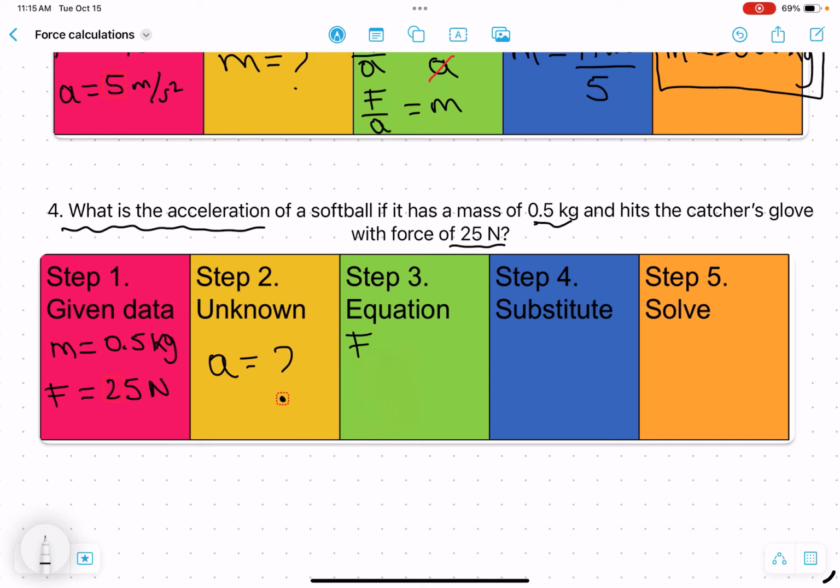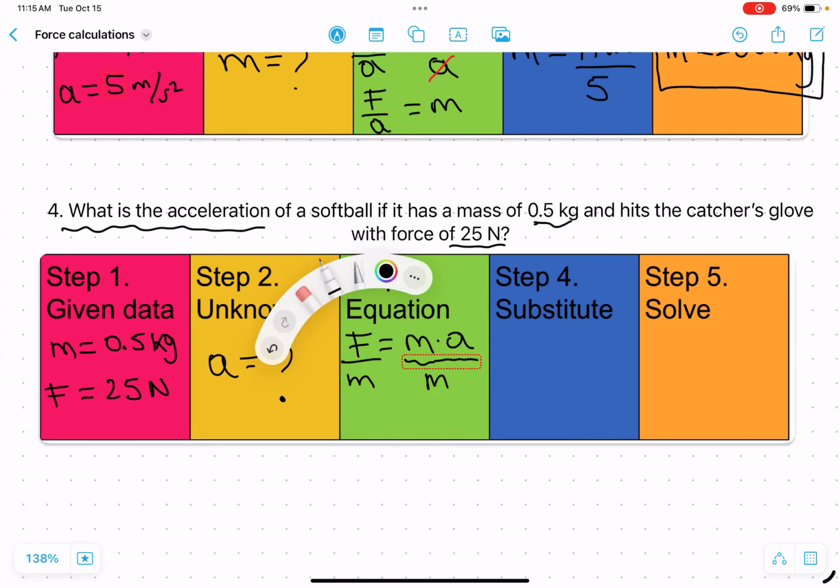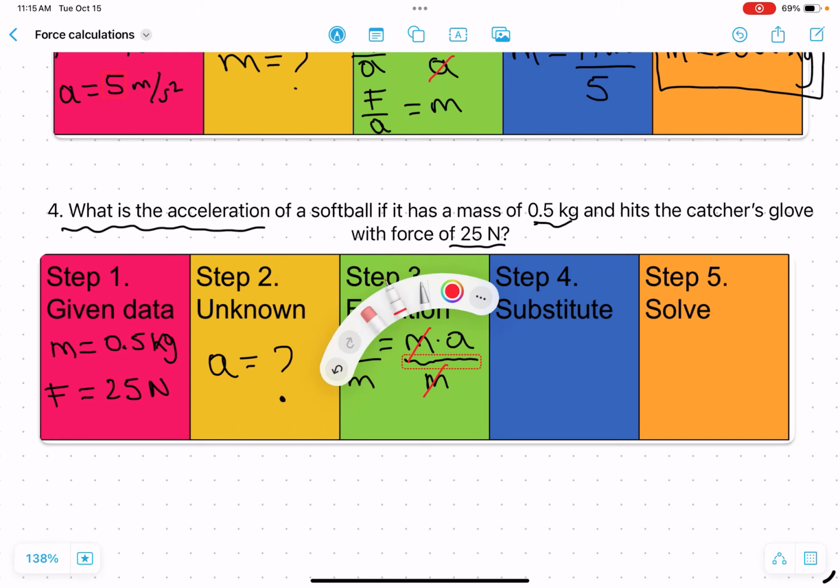The equation is F equals M times A. That is the one that you know. And you know that you need to rearrange this equation because you're looking for A. So what is next to the A that you don't want? The M. So you divide by M on both sides. So M goes with M, and that gives you this formula. F divided by M equals A. So now you're going to substitute.